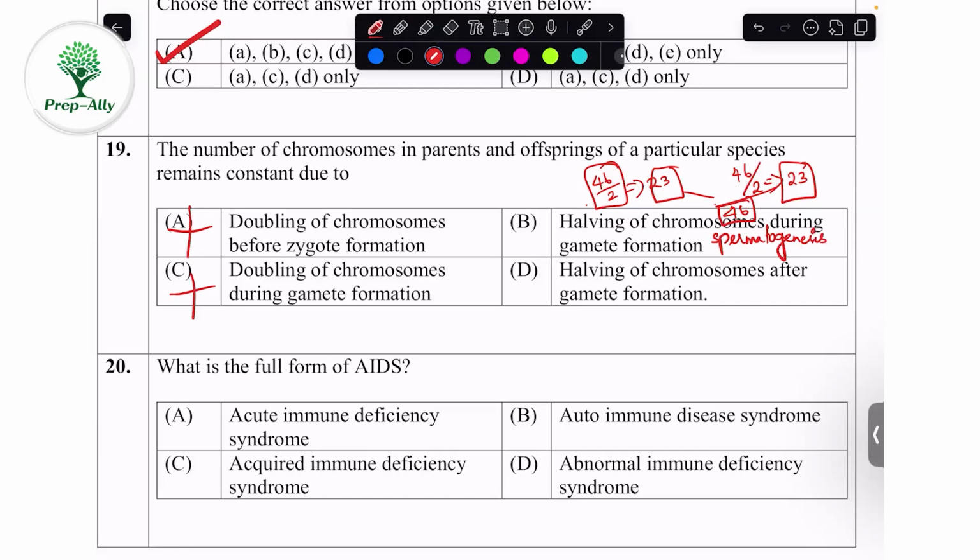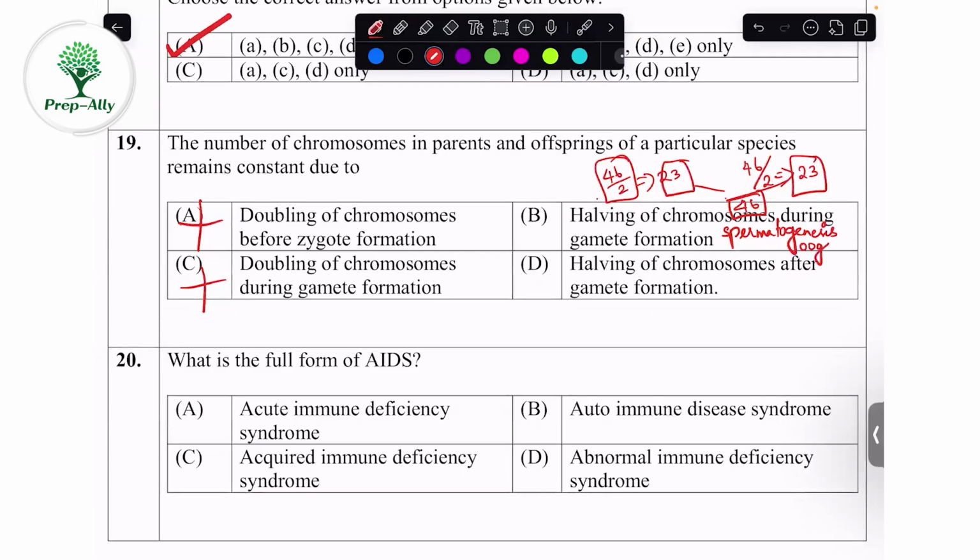During this process itself, not after, the reduction of chromosomes occurs. Likewise in females, during oogenesis itself, the halving of chromosomes takes place. In option D they have given after gamete formation. No. So option B is correct.